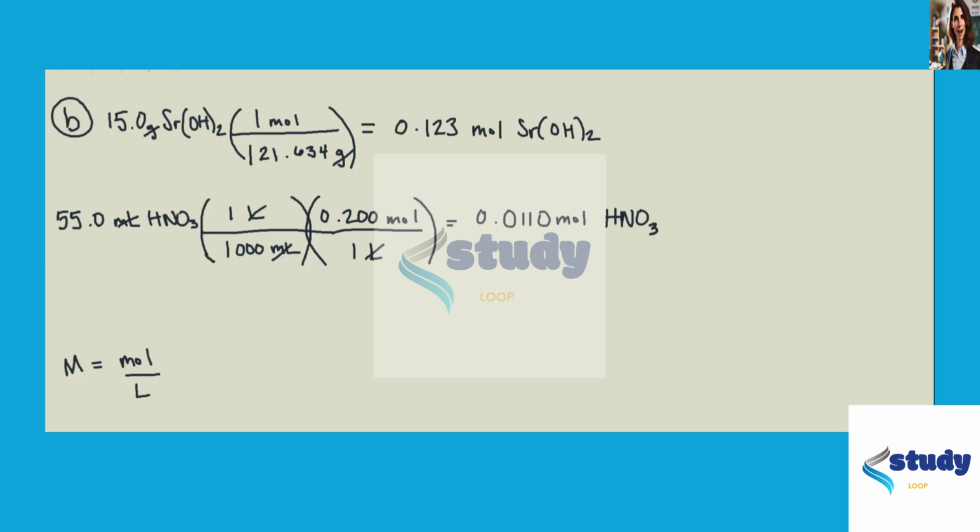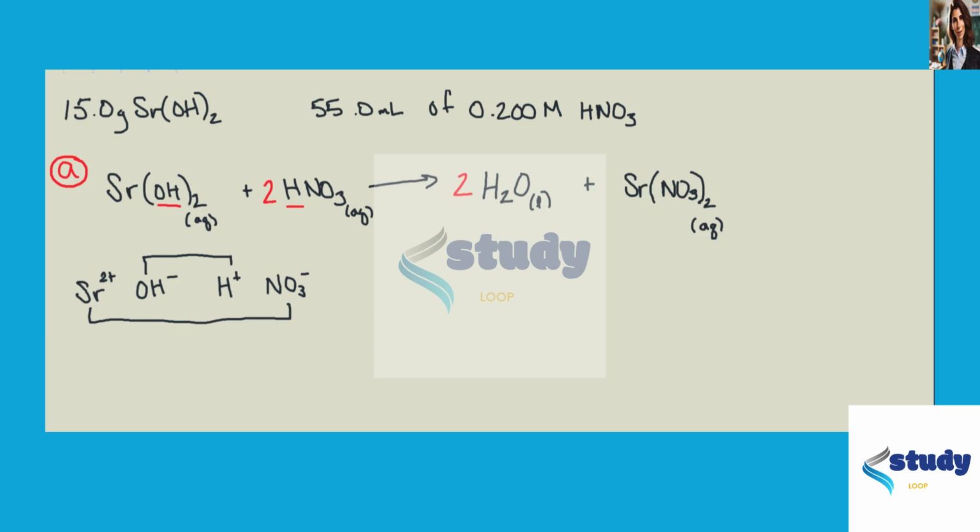So now I know how many moles I have of each one, and I know that I need to figure out which one's going to get used up first. Because I have two reactants, I'm going to have a limiting reactant. I need to figure out which one's limiting. Well, if I look back at my reaction, I know that I need 2 moles of HNO3 to every 1 mole of Sr(OH)2.